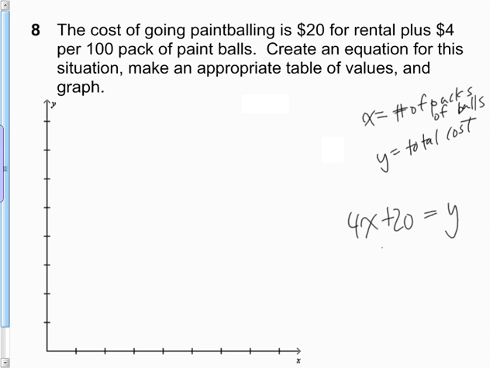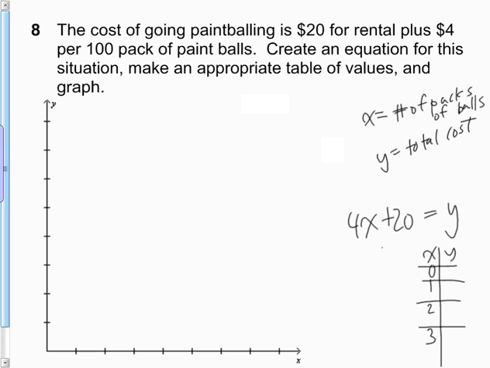Okay? Now once you have that, it says to graph it. Here's where it gets a little tricky. So now that you have an equation, I'm going to graph 0, 1, 2, and 3. So if you don't buy any paintballs, X would be 0. You're going to just be a moving target for the entire afternoon.